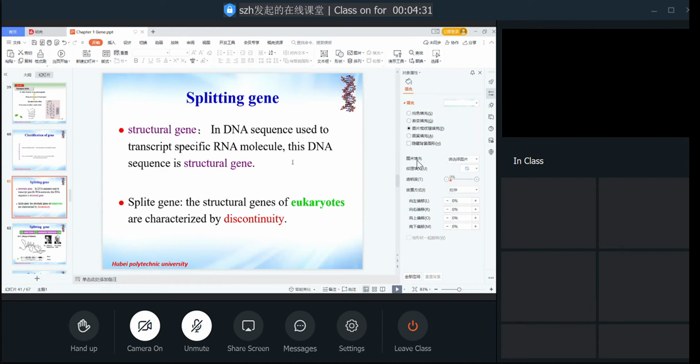According to base pairing, A pairs with U, T pairs with A, G pairs with C, C pairs with G, and according to this kind of principle it produces the RNA molecule. This sequence we define as the structural gene.